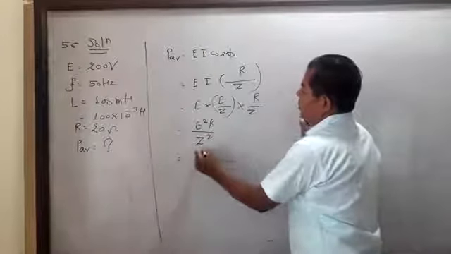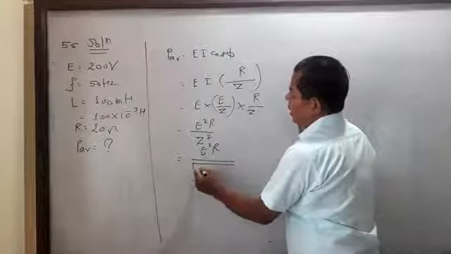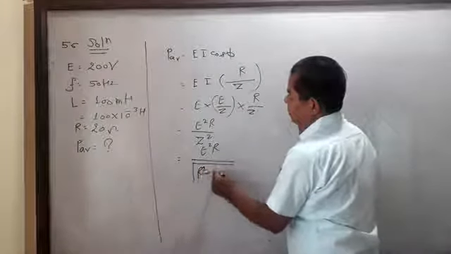And Z, the impedance, has value root under R square plus XL square.